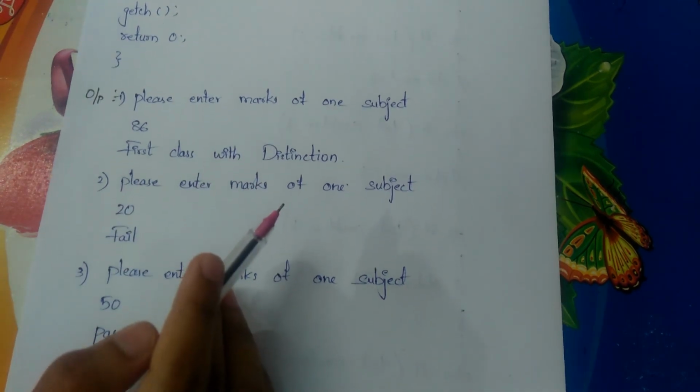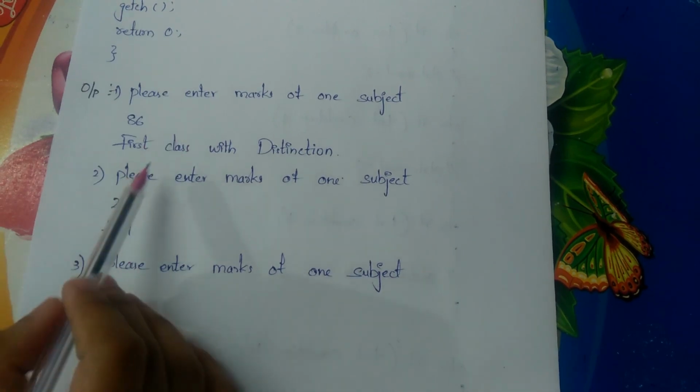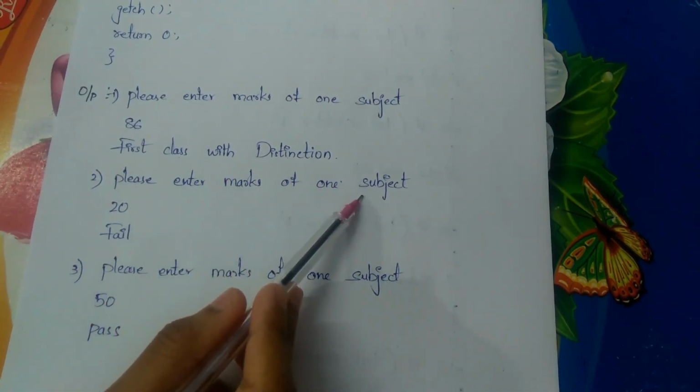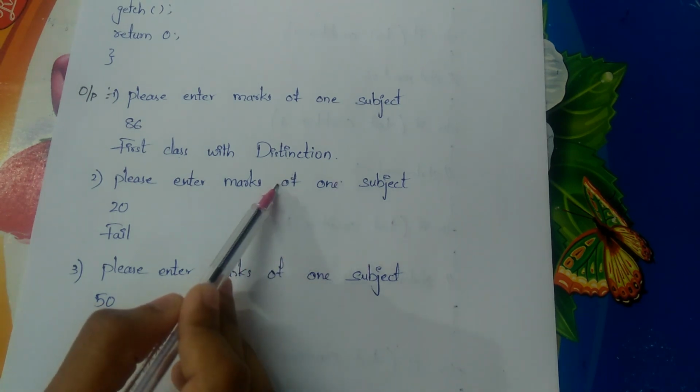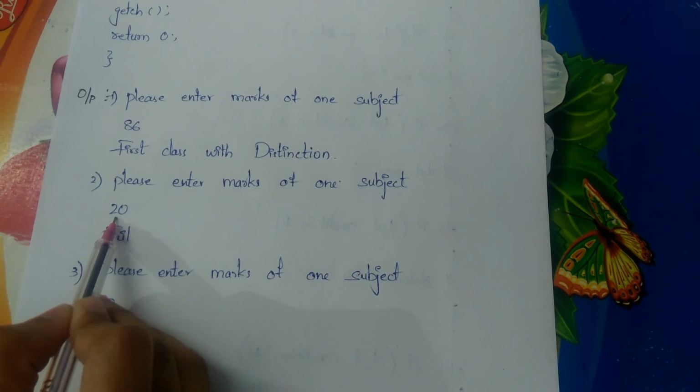Now the second output will be like this. Again after executing this program, it will be displayed please enter marks of one subject. Now whenever this statement is displayed, for example I am entering one number, that is 20.